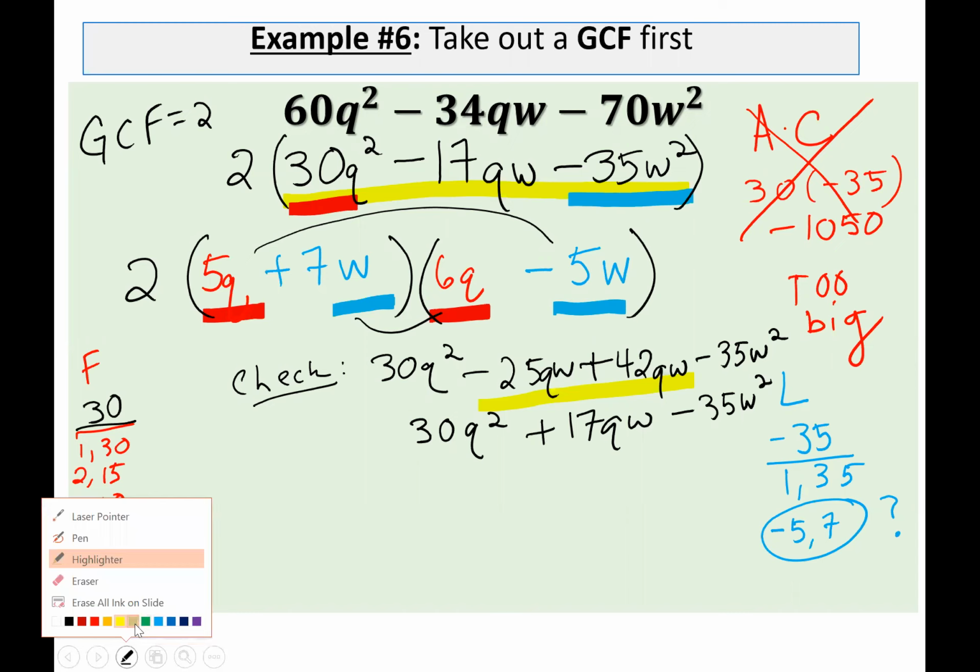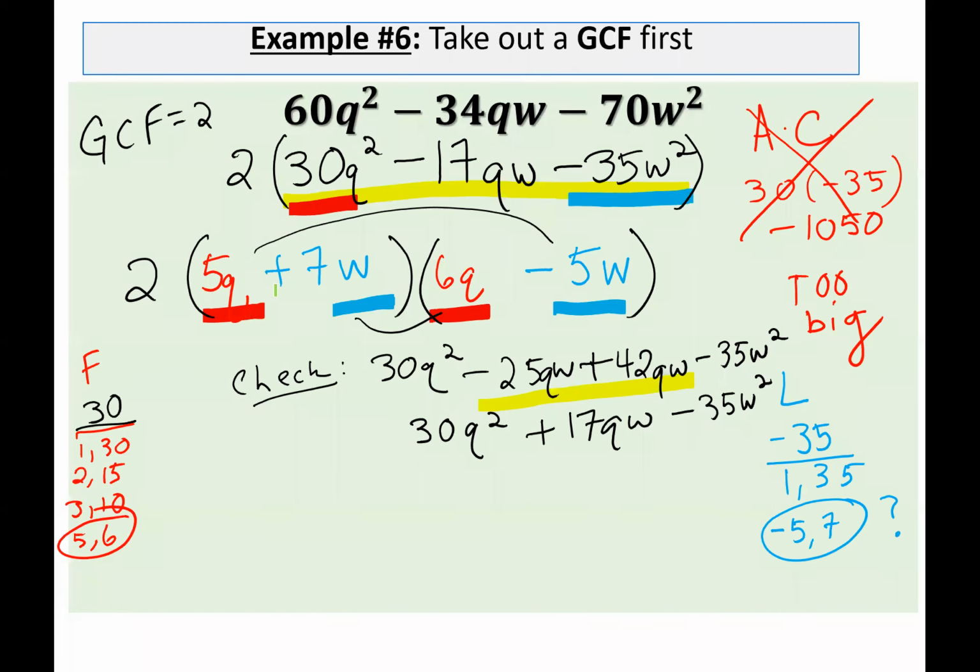All you need to do is switch the signs in your factors. So change a plus to minus, change the minus to plus. Okay, so we wanted that minus 17qw. Instead, we got plus 17qw. But we can just switch the plus and the minus in our factors.